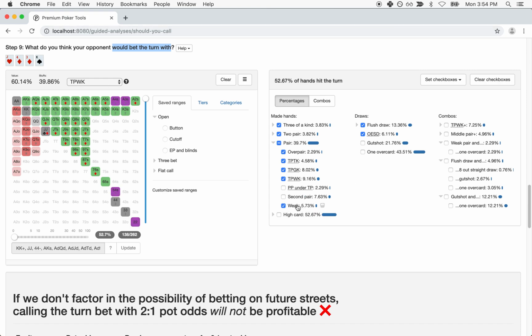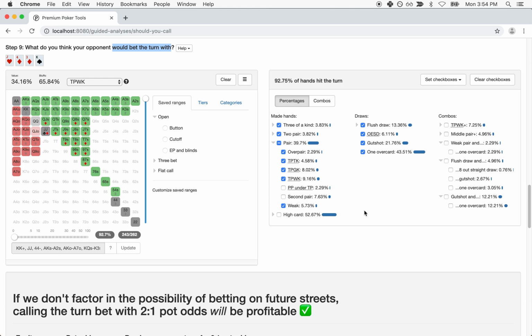And then any of the worst stuff, like gutshots and any one-overcard hands, I'm going to assume that this is an aggressive player who is going to barrel very frequently. So they're only really playing their showdown value hands as a check, and everything else they're going to barrel. So those are my assumptions about this opponent.